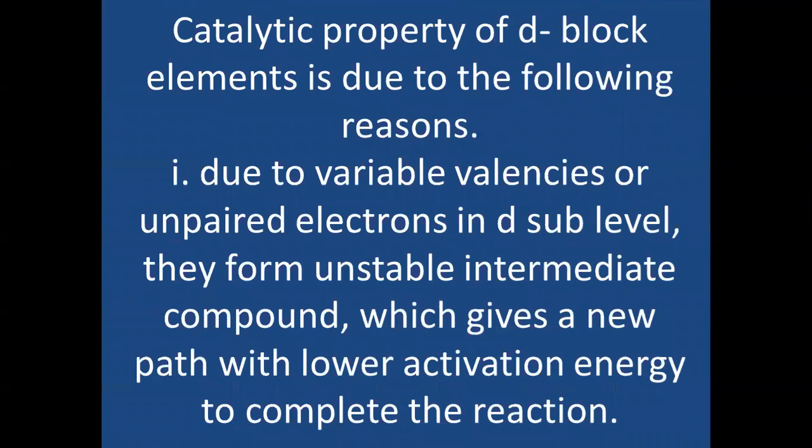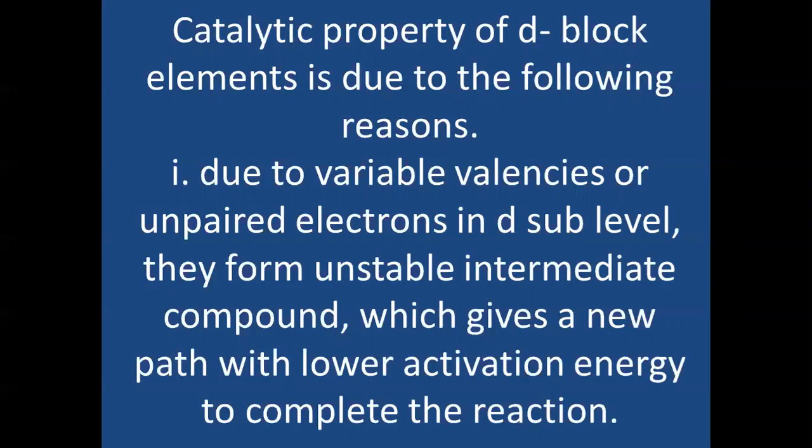How do these d block elements provide another path to the reaction so that it completes at a high rate, or faster, or with fast velocity? This is due to the following reasons.